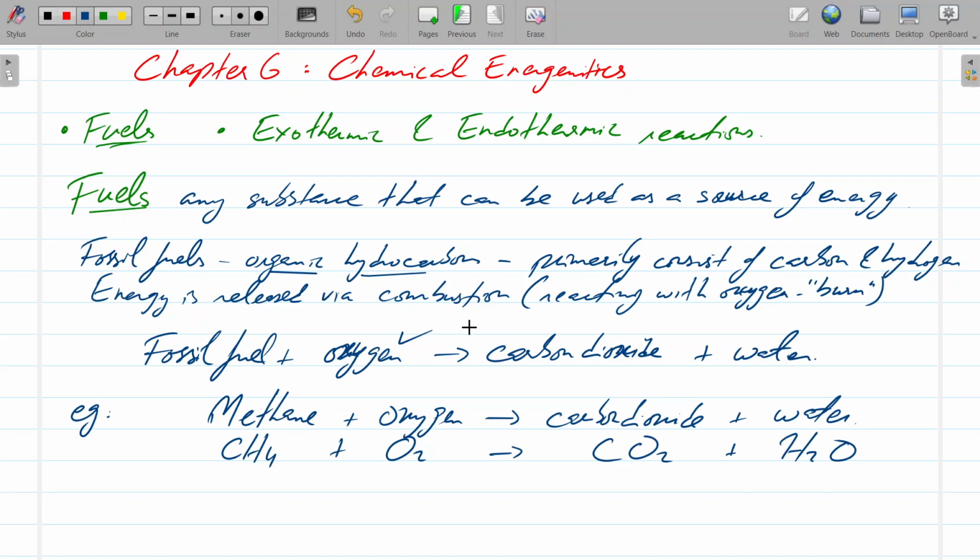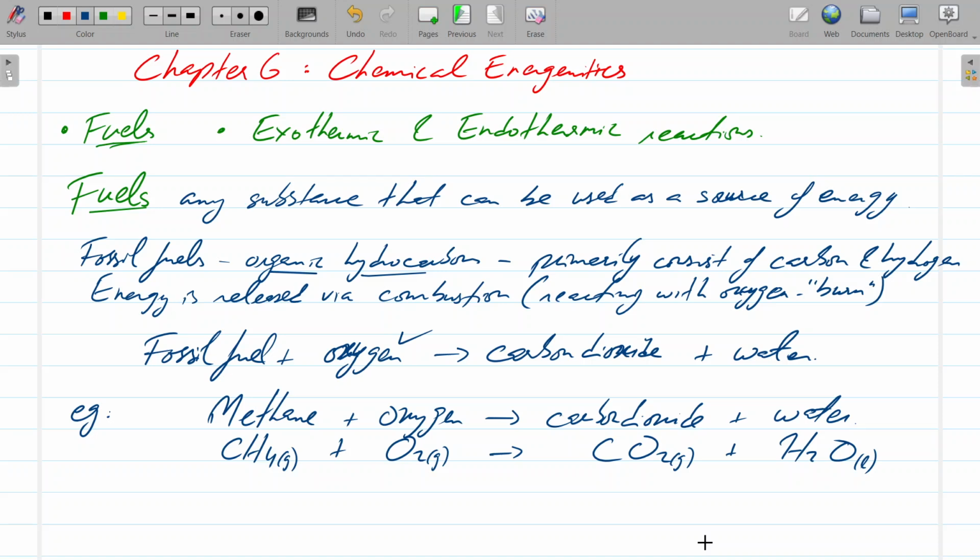No, it's not balanced. Then what would you do? The carbon's balanced. You've got one carbon here, you've got one carbon here. Oh, yeah, the hydrogen. Right, so you've got 4 hydrogens on the reactant side, you've got 2 hydrogens on the product side.